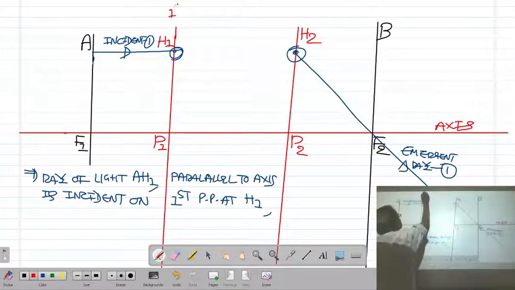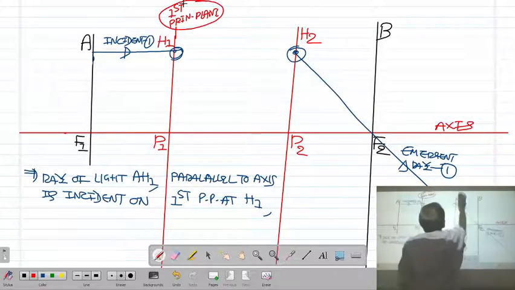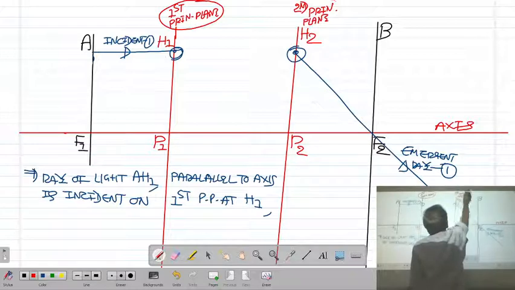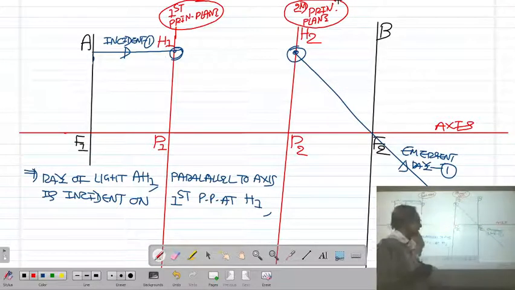This is the first principal plane. And this H2P2 is the second principal plane. This H1P1 is the first principal plane and H2P2 is the second principal plane.